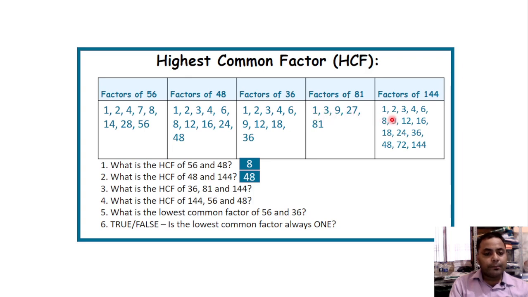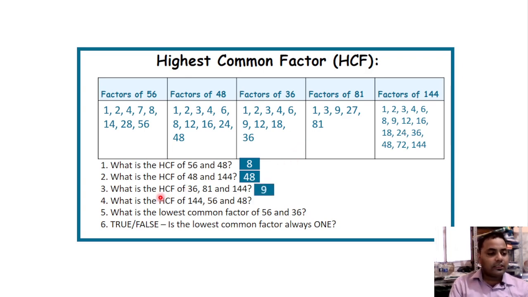Above the 9, I think there is no common factor. Above the 9 means a common factor greater than 9 is not here in the three given numbers, so 9 will be the highest common factor of 36, 81 and 144.